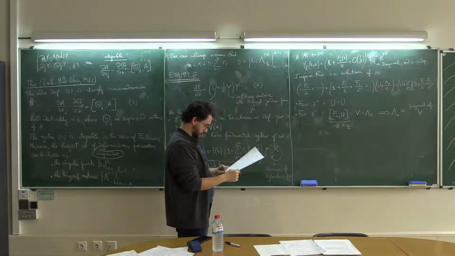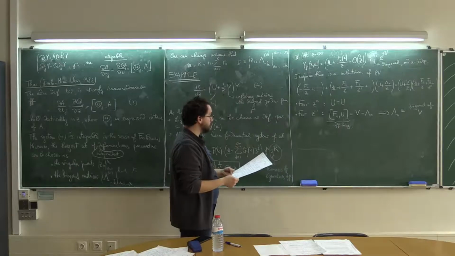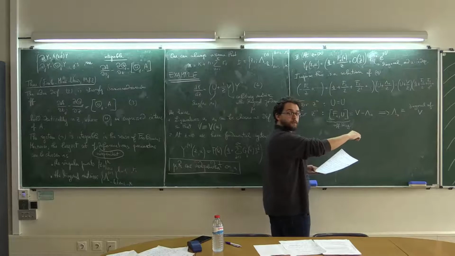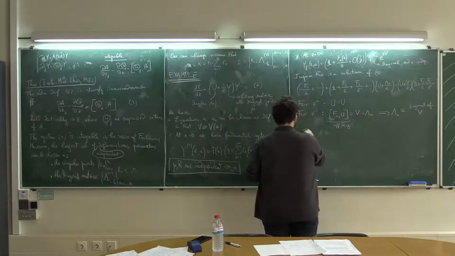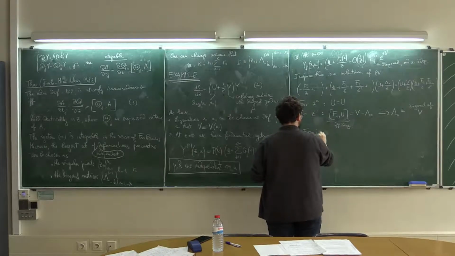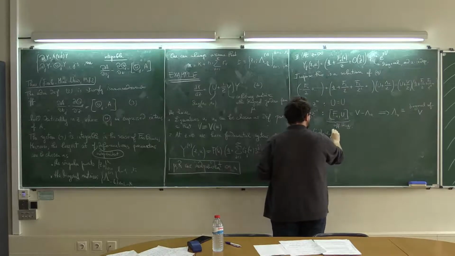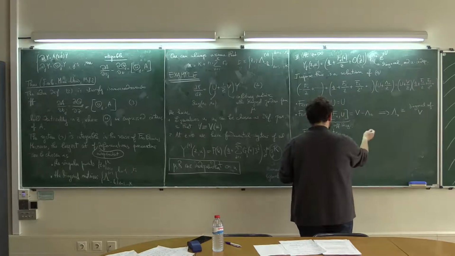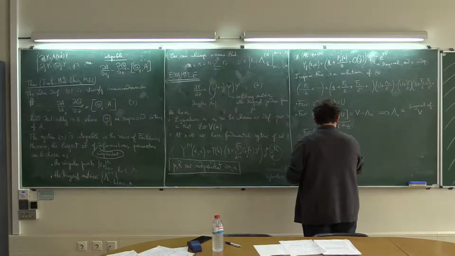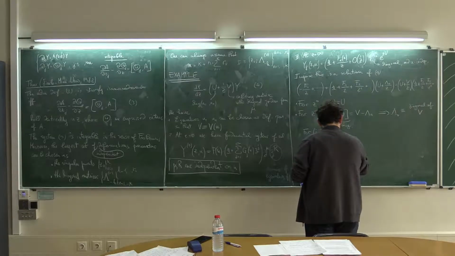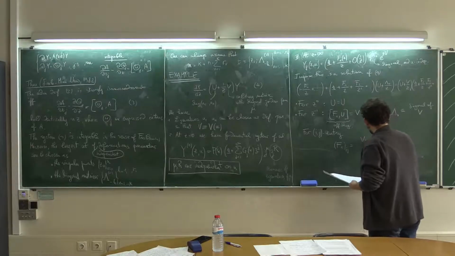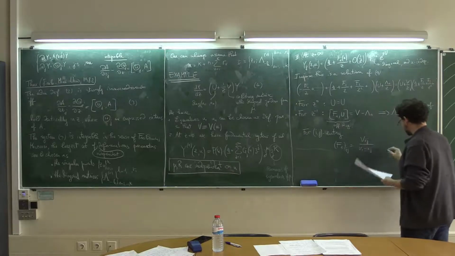So you see, we start to find something interesting. And moreover, if I write this in components and look at the entry ij, if you do the computation, you find the following equation: f1 ij equals vij over ui minus uj.